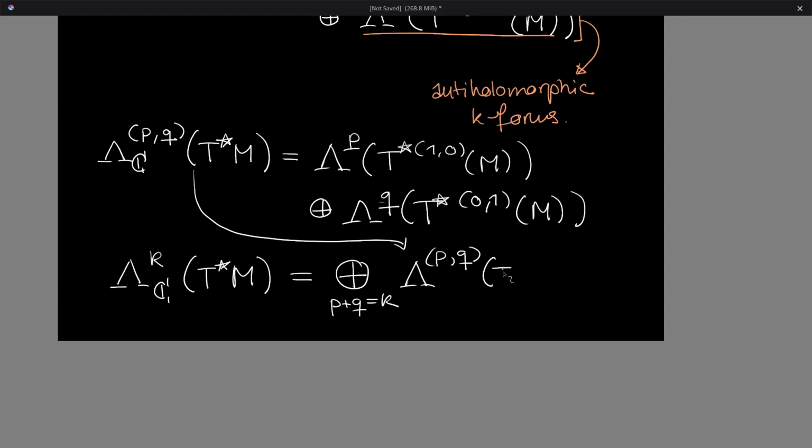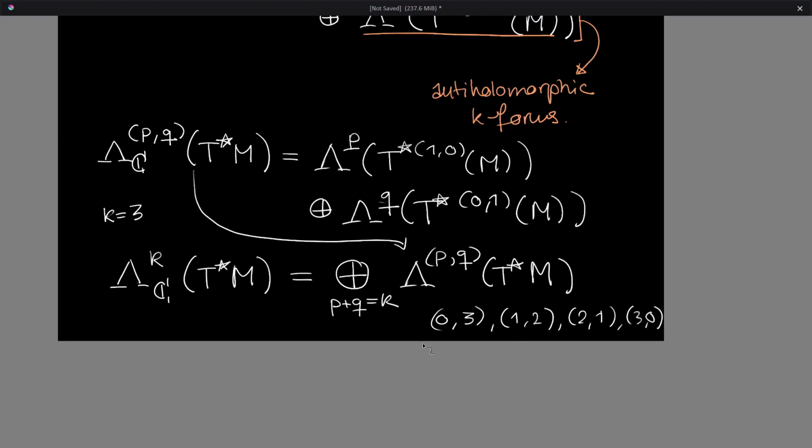Basically, what we're saying is that for all combinations P, Q where P plus Q is equal to k, if we took all of them, so let's say that k is equal to 3, for example, then we would have 0,3, we would have 1,2, we would have 2,1, and then we would have 3,0.